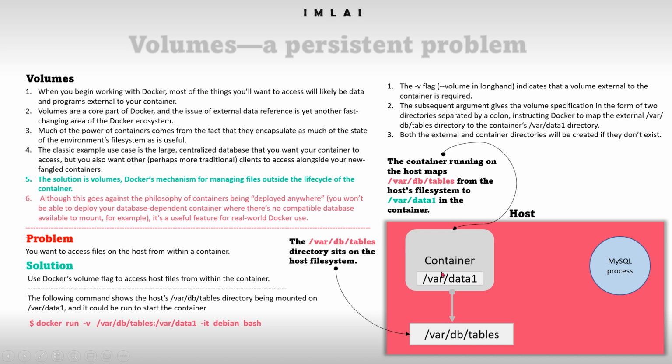So the container running on the host maps the db tables data inside the host machine to the data directory in the container. That's what we call mapping, and that's how we make data persistent. What type it is, we will see in examples. And here you will see the MySQL process, which affects data on the same directory.